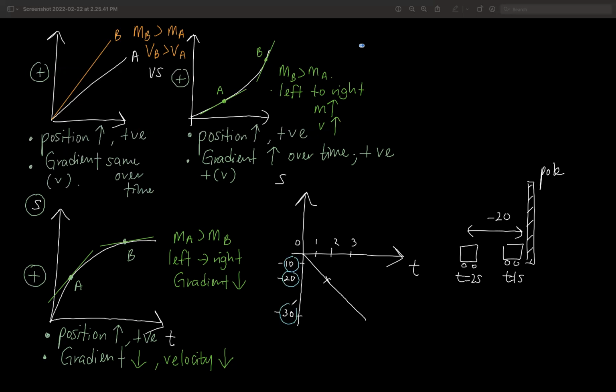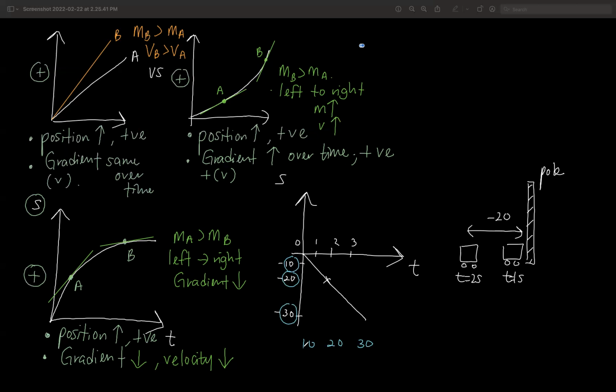The numerical value is increasing. You're going from 10, 20 to 30 in the negative direction. Because in mathematics, which one is larger? Minus 10 larger or minus 30 larger? Minus 10 is larger, right, in mathematics, because minus 10 is closer to 0.